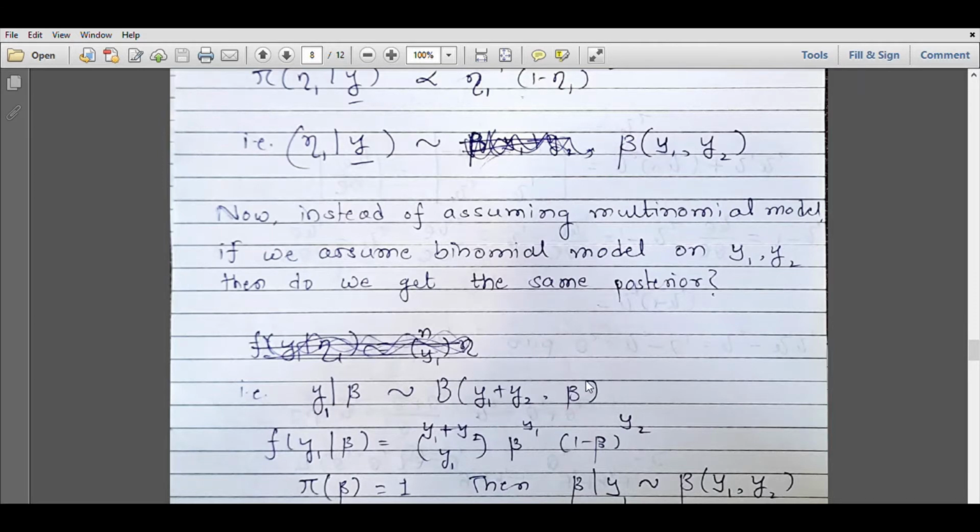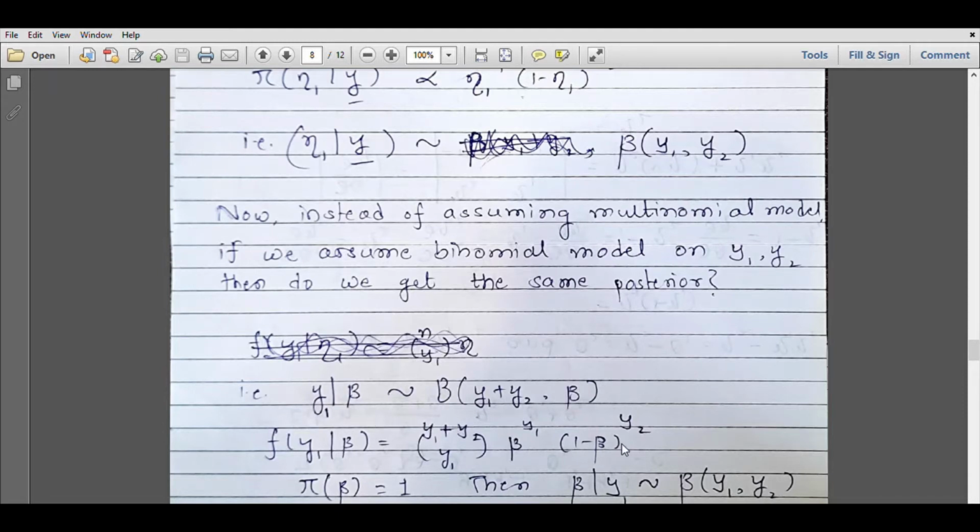Now what is the probability that the random variable y1, the number of observations belonging to the first cell, will be exactly equal to y1 given that the total number of observations in the first and second cell is y1 plus y2? The probability is nothing but theta 1 upon theta 1 plus theta 2. And so the distribution of y1 given beta will be binomial with parameters y1 plus y2 and beta.